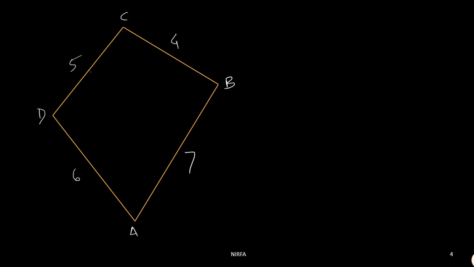So in such a case, they have to provide the length of the diagonal. That's why I'm constructing the diagonal AC, and I'm taking the length of AC as 8. I'm taking it, meaning in the question they have to provide the length of one diagonal. Then only we can solve this problem.